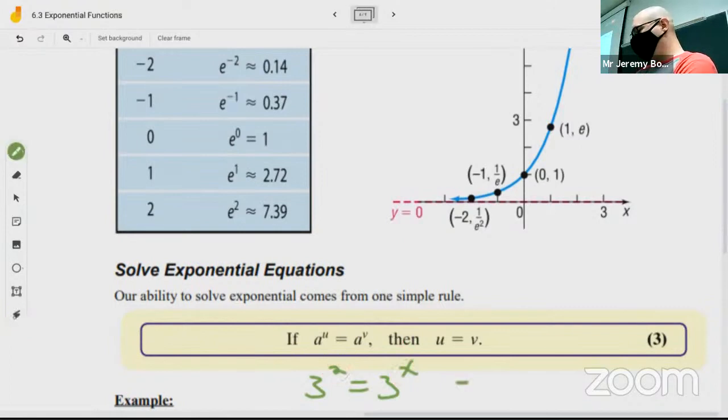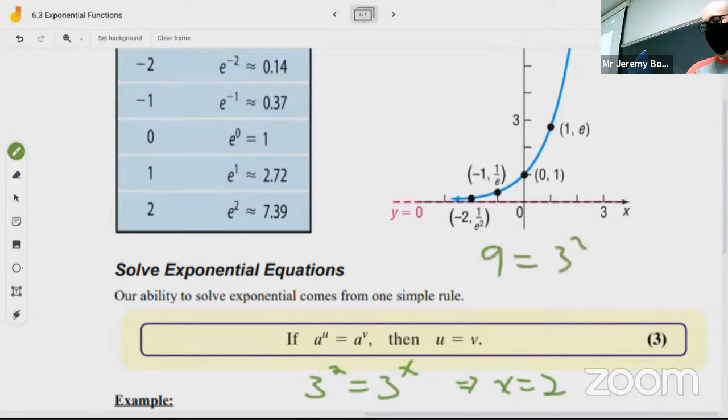So you know from there that X is equal to 2. Any questions on that? What if they started you out like this? 9 is equal to 3 to the X. What can you do?